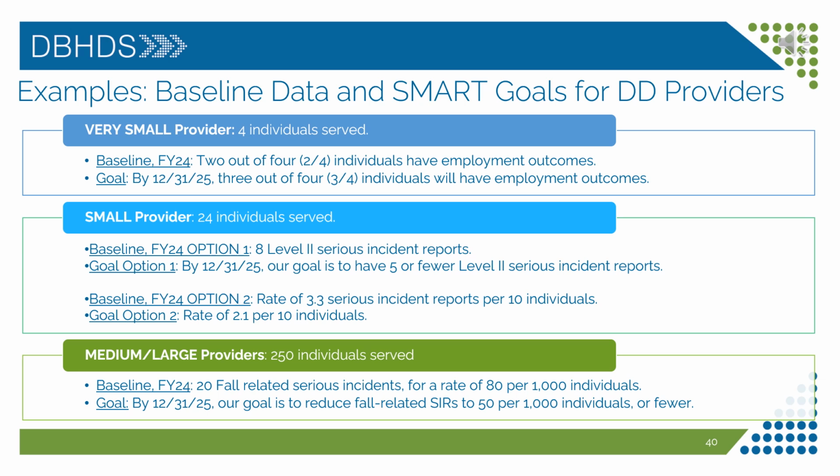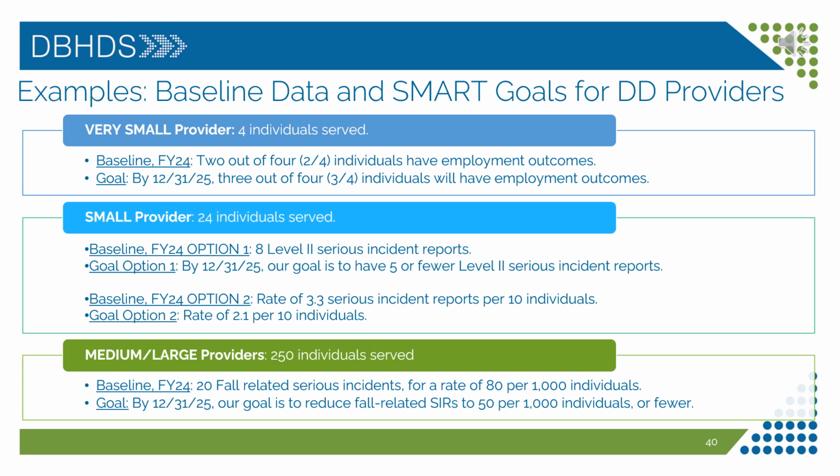Using that same number of 8 serious incident reports, baseline option 2 would be a rate of 3.3 serious incident reports per 10 individuals, with the goal being a rate of 2.1 per 10 individuals. So they would have to decide which one of those makes the most sense for them.